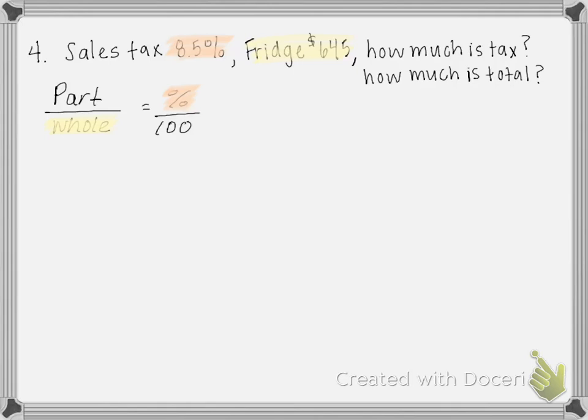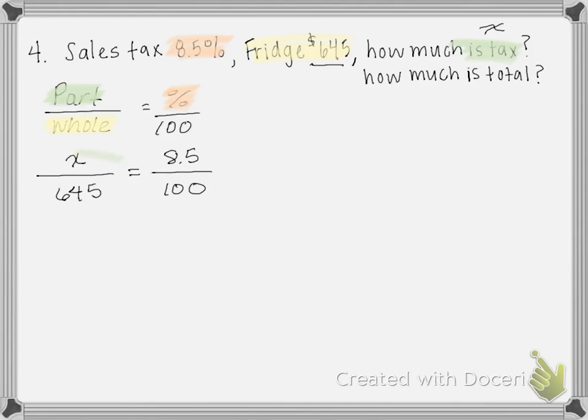We'll focus first on our first question. How much is the tax? Well, the tax is just going to be a portion of whatever the fridge costs. So we will go ahead and get this filled in. So part, which is our x if we don't know it, right? So part is x. Our whole is our $645 for the fridge, equals our percent, which is 8.5, over the 100 that we always have in the formula.